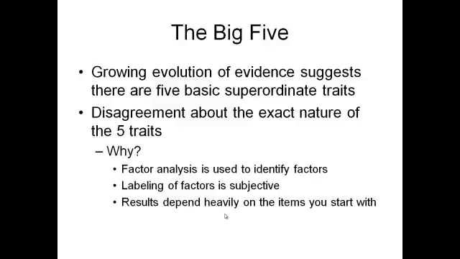But oftentimes it's not that easy to name factors. You might find items that are very highly correlated with each other, but you're trying to figure out, what does item 1 have to do with item 2? Trying to put it all together may be somewhat like putting a square peg in a round hole.